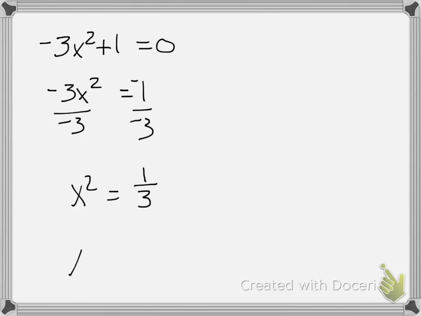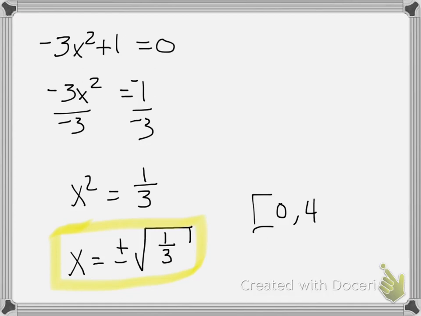So then whenever we take the square root, we're going to get x is equal to plus or minus the square root of 1/3. Alright, so this is technically 2 critical values, but since our interval was from 0 to 4, we're going to reject the negative square root of 1/3, and we're going to keep the positive square root of 1/3.